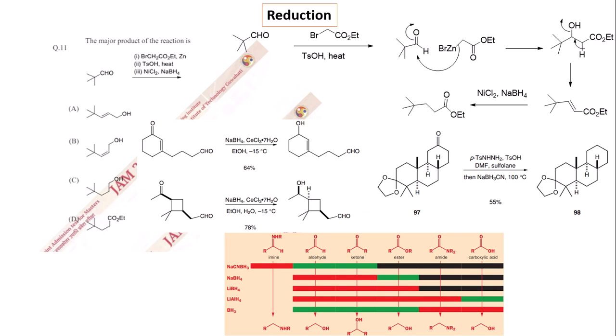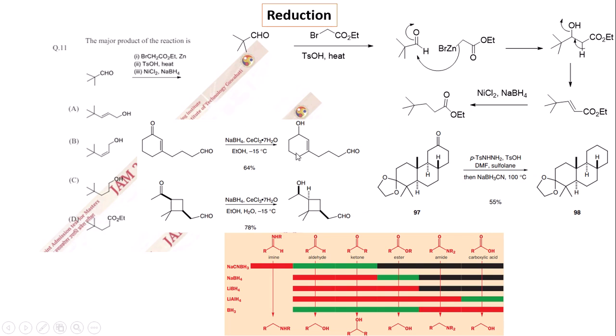It is a chemoselective reaction that preferably adds to the alkene, the ester group remains intact, and we get the saturated analog of the ester.